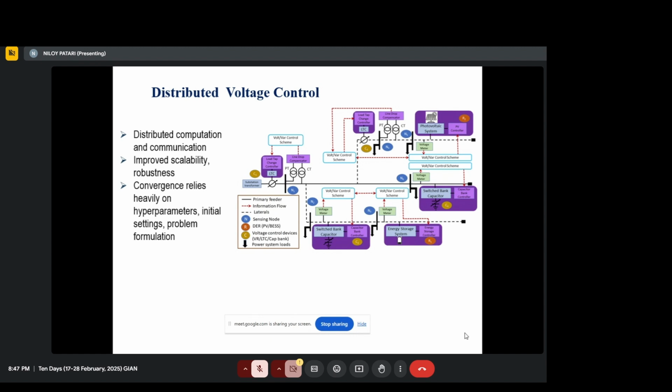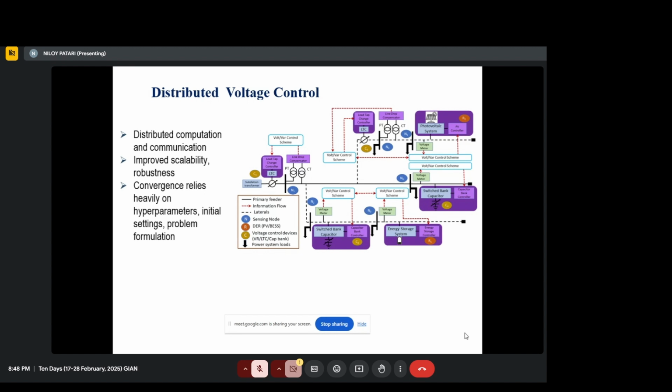From which point you start to reach the global optimal point matters a lot. It also matters what hyperparameters there are in the algorithm, because you are going from iteration 1 to iteration 2 to iteration 3. If you don't choose the right hyperparameters to move from one point to another, it can lead to non-convergence.